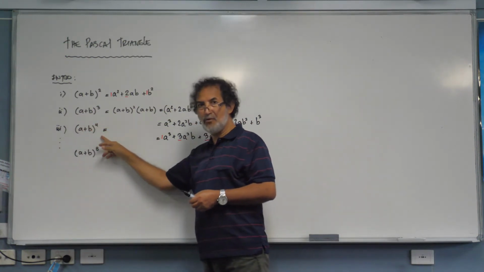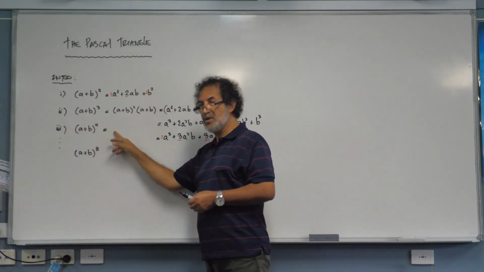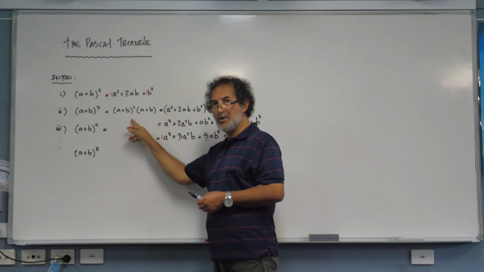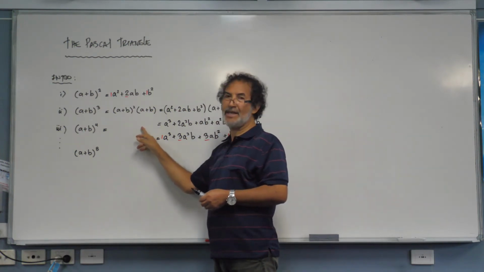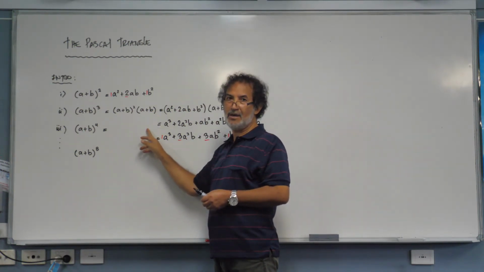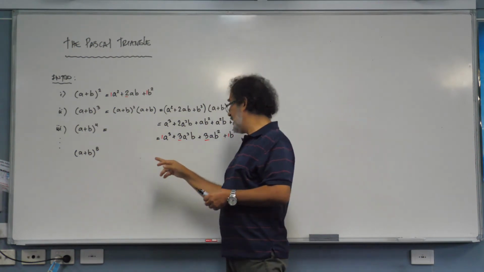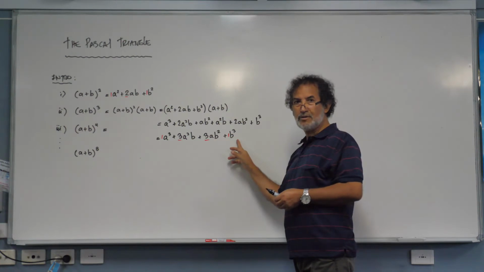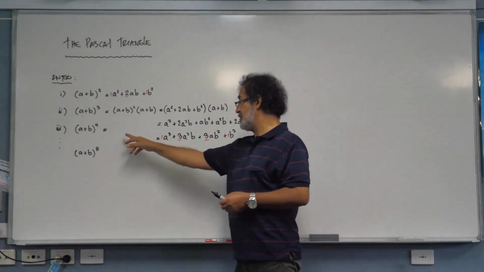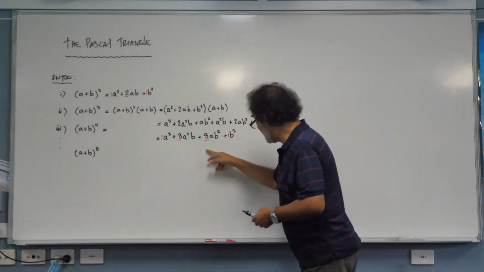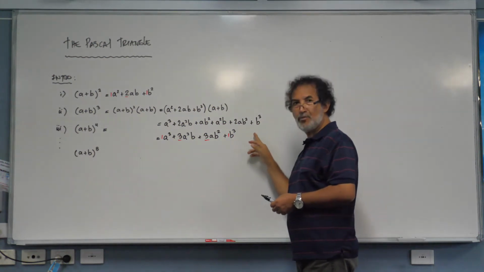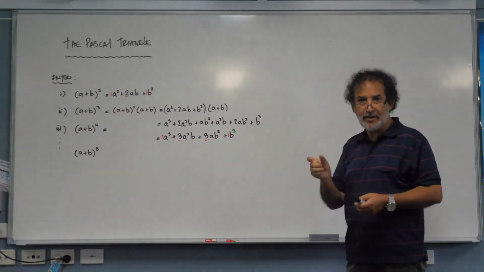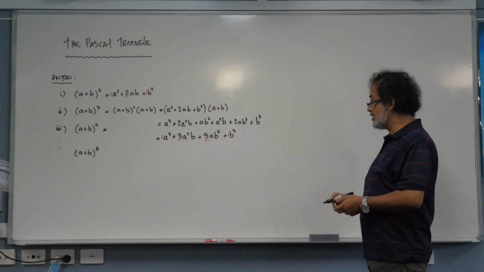The good thing is that you already know the answer for (A plus B) cubed. So all you have to do to find the answer is to multiply this by another (A plus B). Can you please do that? And then you're going to simplify and tell me what the answer is.